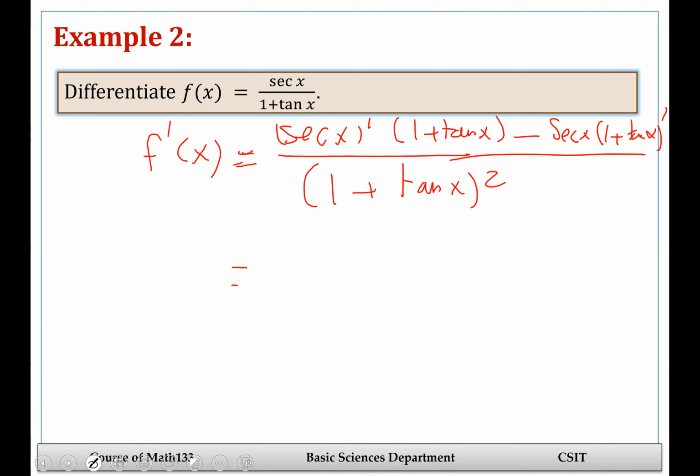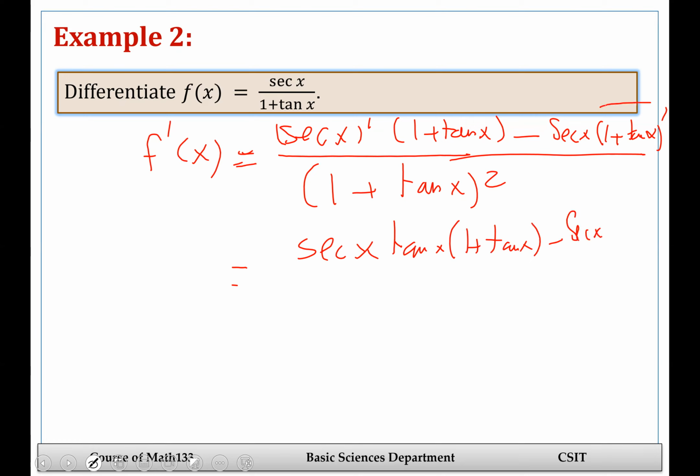We saw that the derivative of secant is equal to secant x times tan x multiplied by 1 plus tan x and minus secant.